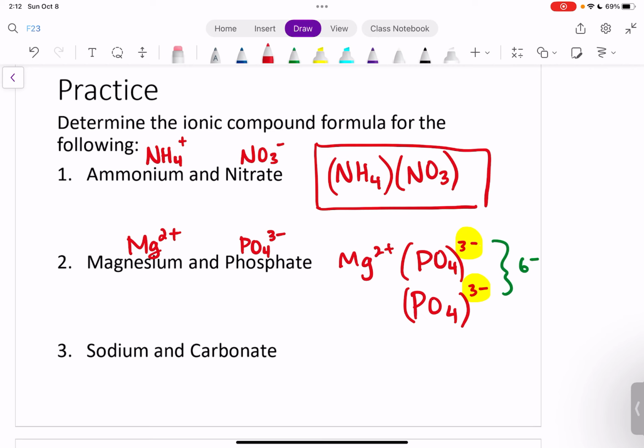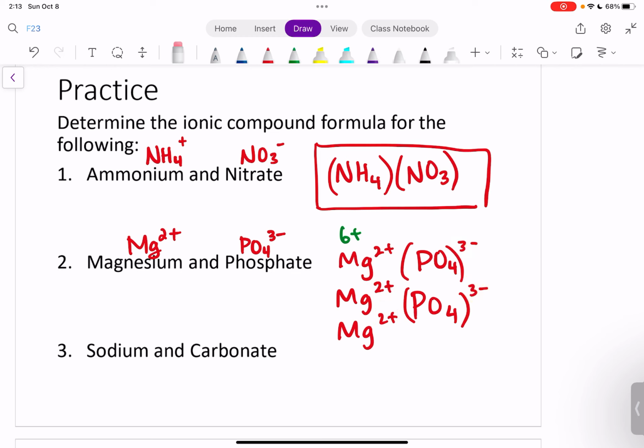Let's add another magnesium and see what happens. That gives us 4 pluses, so we have to add another magnesium. I'm just adding magnesiums until we get the correct ratio. Now on the left side, we've got 6 pluses, which cancel out with our 6 minuses.